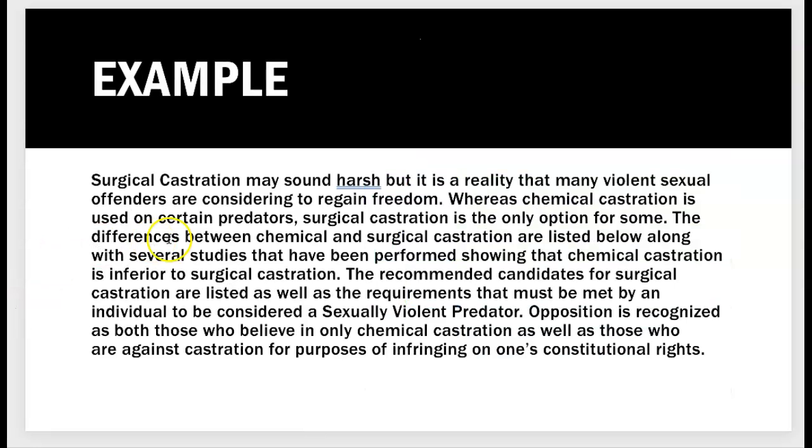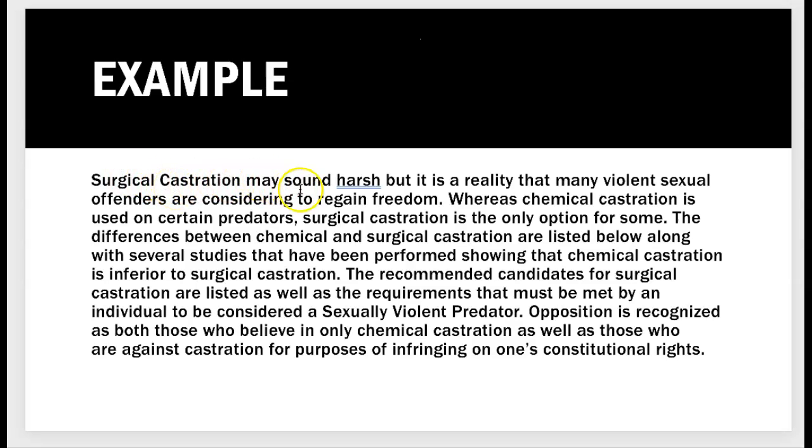So I have an example of an abstract that a student wrote a number of semesters ago on surgical castration. I don't want to say it's the weirdest paper that I've ever read, but it's certainly up there as one of the weirder ones. But she did a decent job writing an abstract.